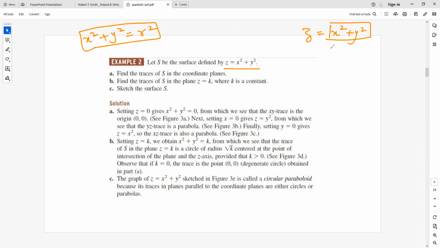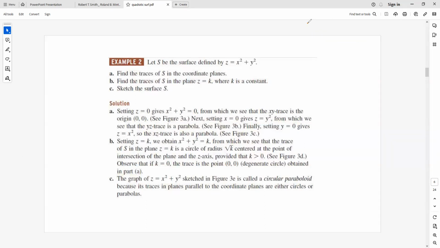Now if we want to find the trace of this surface, what we need to do is neglect one of the variables first. Let's say we neglect y squared, and we look at this equation only, z equals x squared. So it's a parabola in the zx plane, so it will look like this.